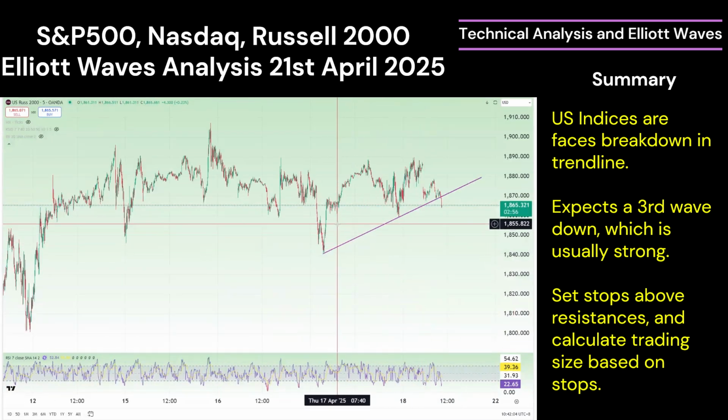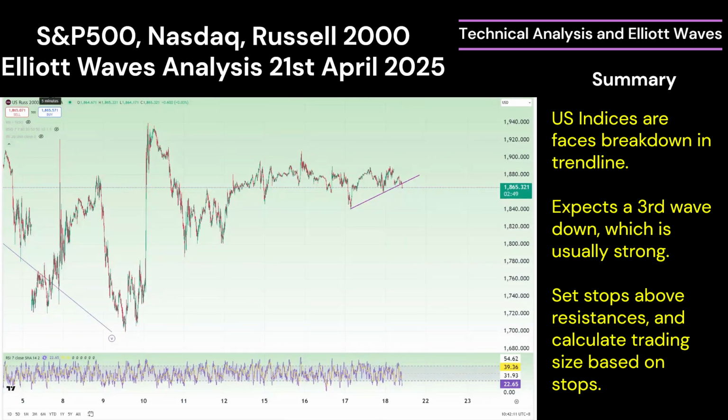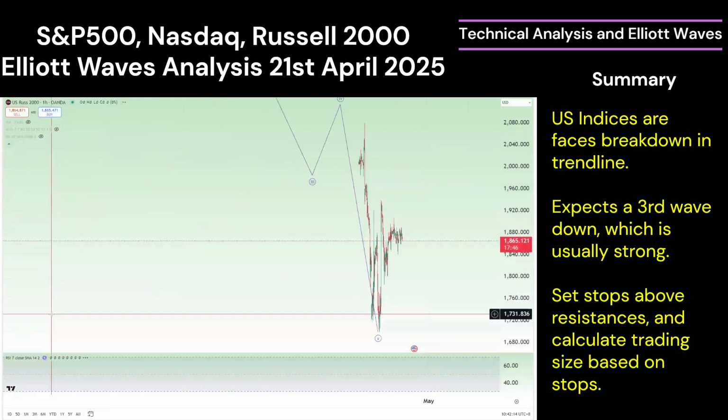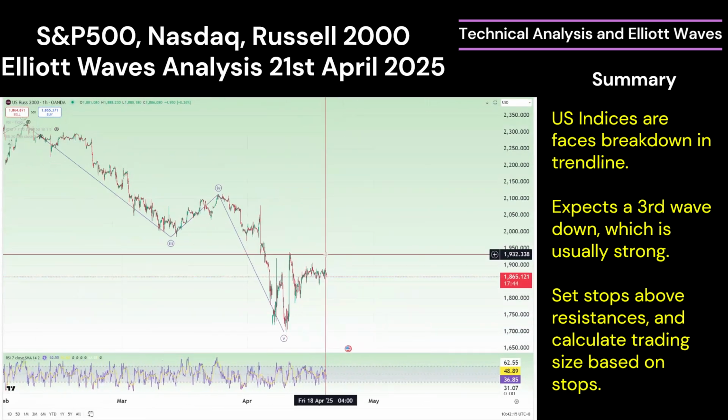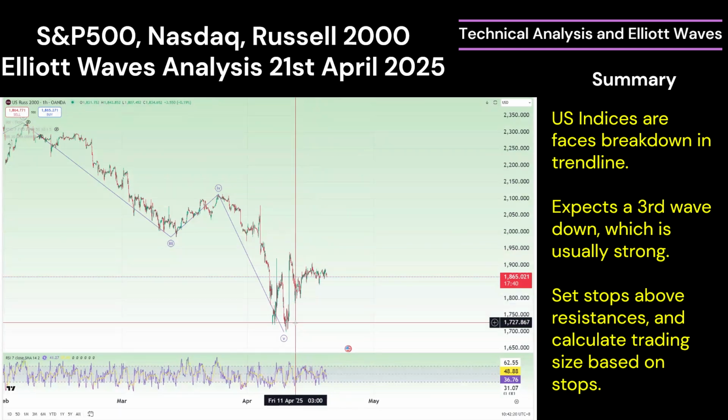This is for the Russell 2000, which is very similar to the S&P 500 and Nasdaq. The only difference is that it is weaker than the S&P 500 and Nasdaq, because if you look, on the 9th of April it actually made a new low.